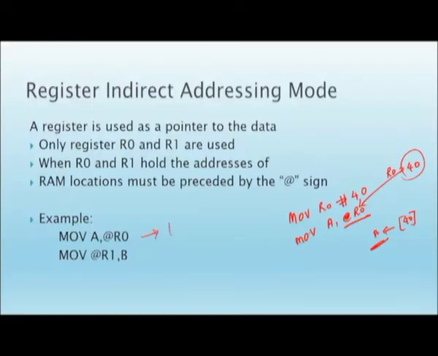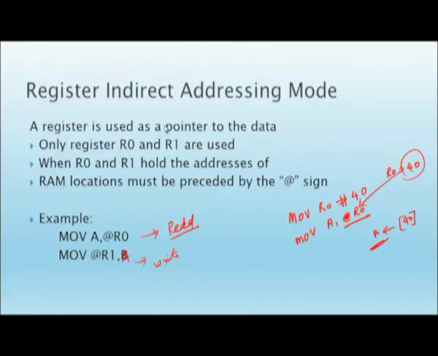MOV A comma @R0 is a read operation, we are reading the data from the memory. With the same form, MOV @R1 comma A, the accumulator content is stored. This is a write operation. So we can perform a read or write operation with the help of register indirect addressing.